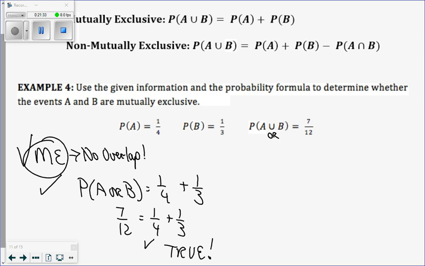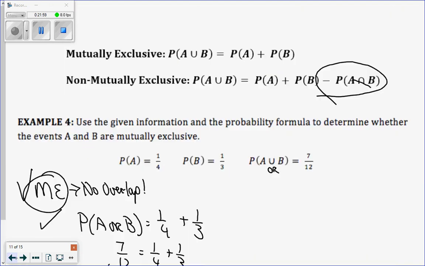Now, let's say we got 11/12. So we have 11/12 here, and 7/12 there. That means there must have been a chunk that we'd have to have subtracted off in order to get 7/12, which in that case means that they're not mutually exclusive. Okay.